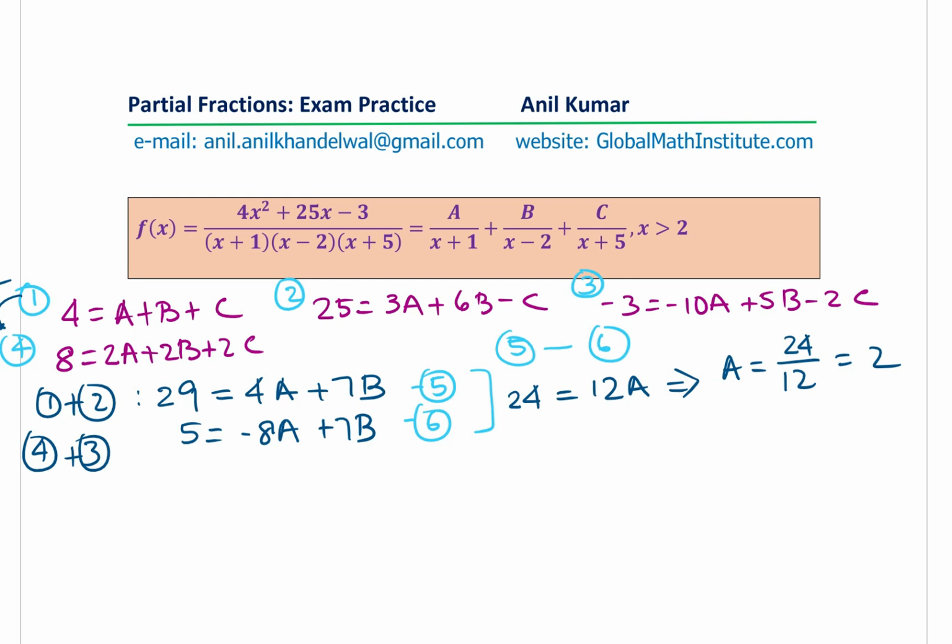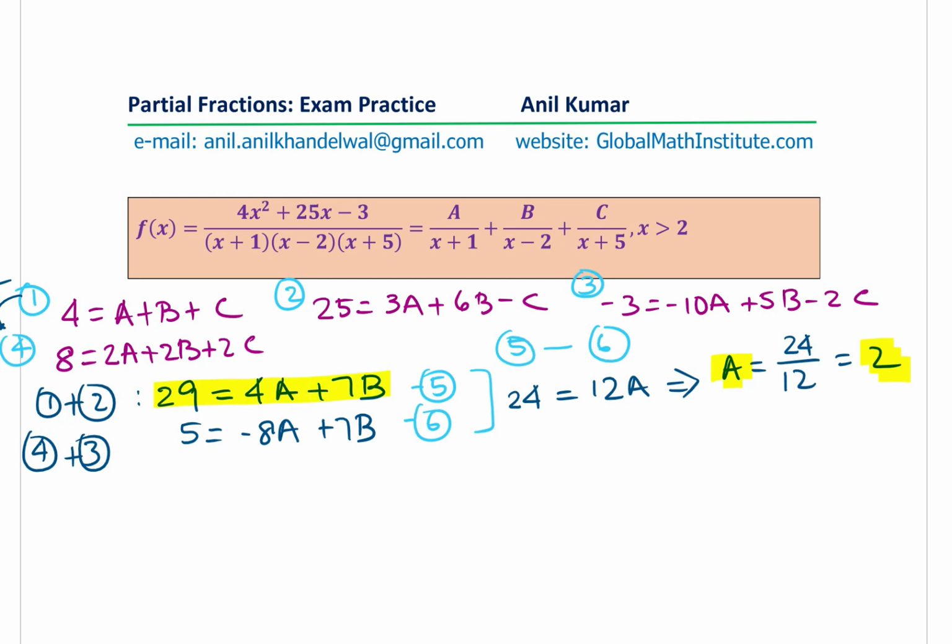Now we can find the value of b straight from one of our equations. So let's use this value, a equals to 2, in one of our equations. So let it be this equation. Correct? We'll substitute here.